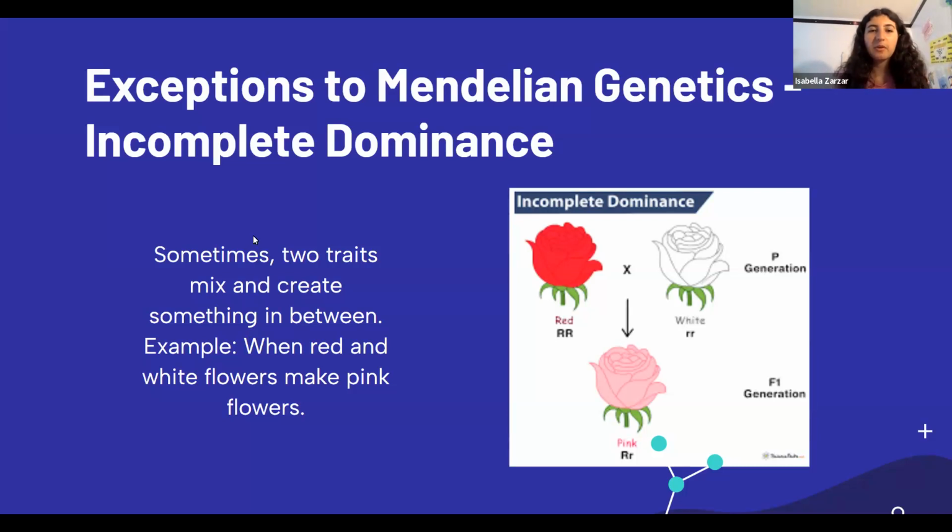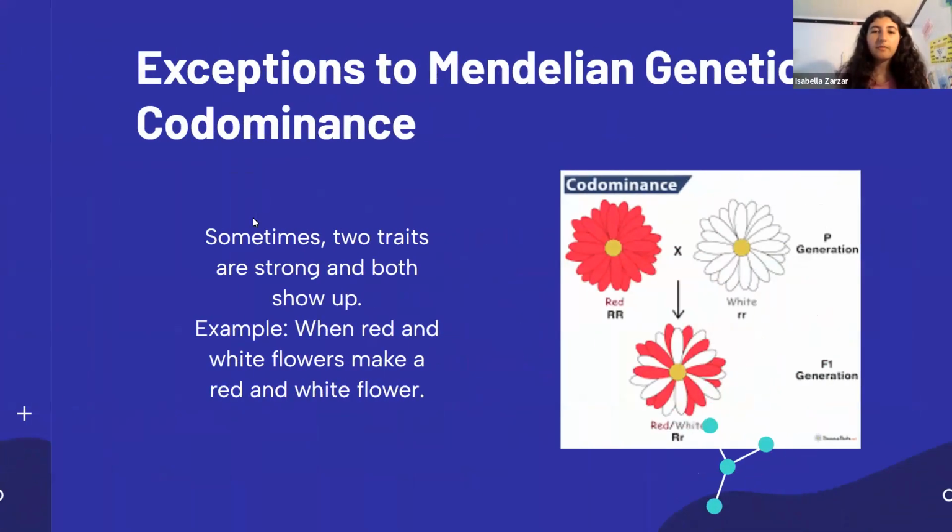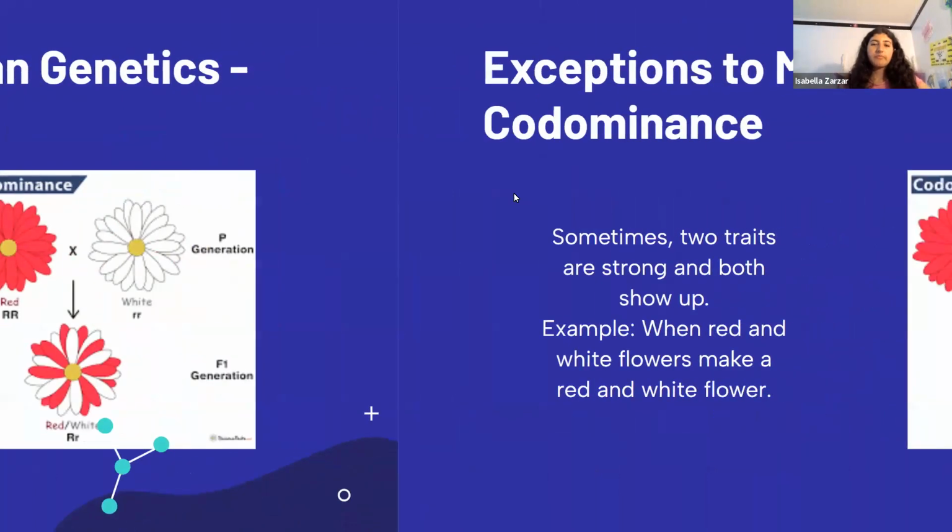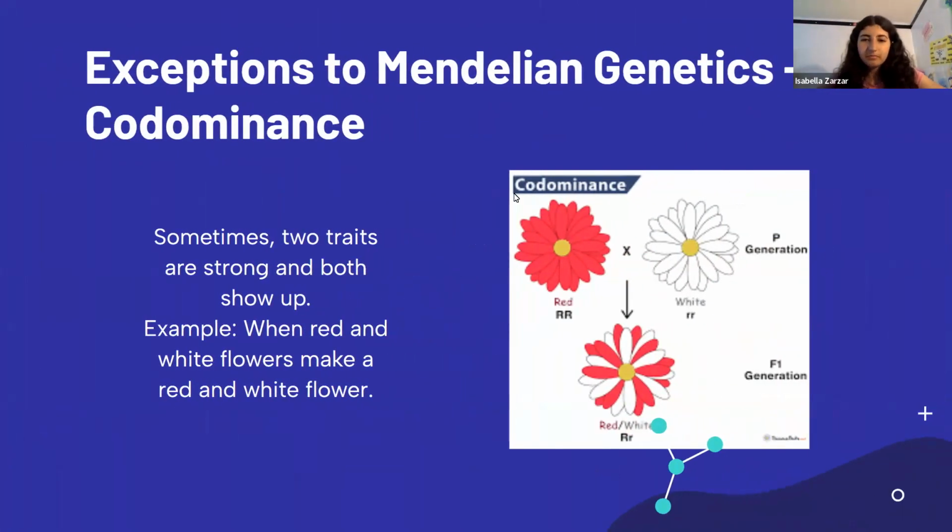And then for codominance, like I showed in the flower example, it's where basically both of the traits show up. So it's not a mix of the two, like a mix of the colors, for example. It's just where both share the dominance.